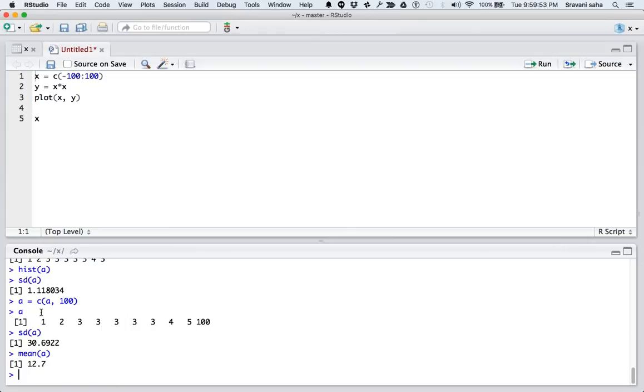Now 12.7 minus 1, then square it, sum it up with 12.7 minus 2, square, and so on up to 100. And that is why the standard deviation, or the square root of the variance, has increased.